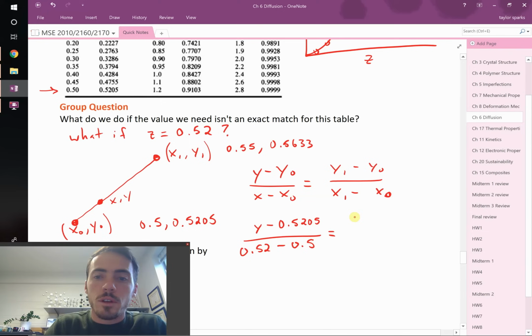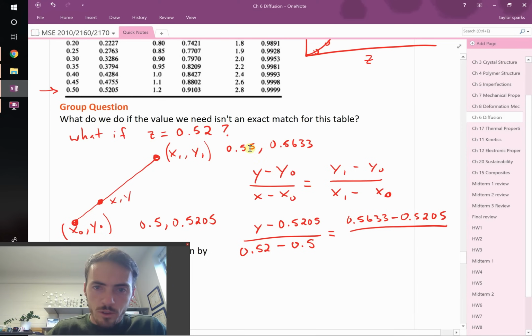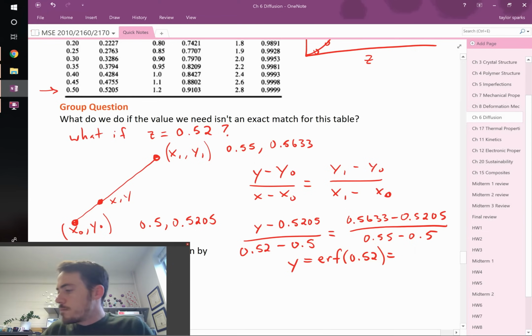This is equal to the y1 value, that's this one up here, 0.5633 minus 0.5205, and that will all be divided by x1 minus x0, so 0.55 minus 0.5. We can solve for y by cross multiplication, and we find that y, the error function of 0.52, is equal to, I get a value of 0.5376.